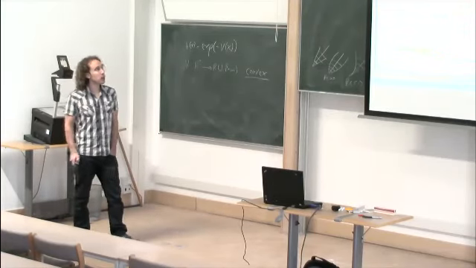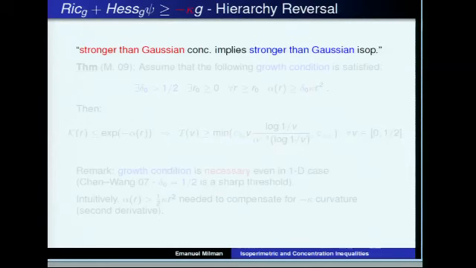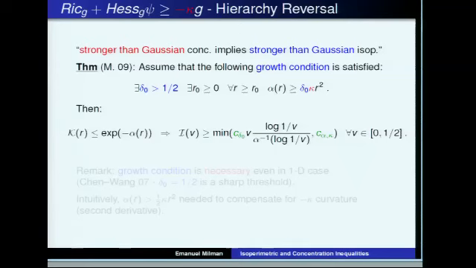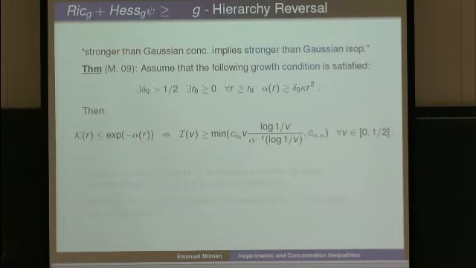So how about the semi-convex case? Here the result is that a stronger than Gaussian concentration always implies a stronger than Gaussian isoperimetric inequality. Okay, so this is the statement. Assume, as before, we have our concentration assumption. But now, in addition, we're also going to assume a growth condition on this function alpha.